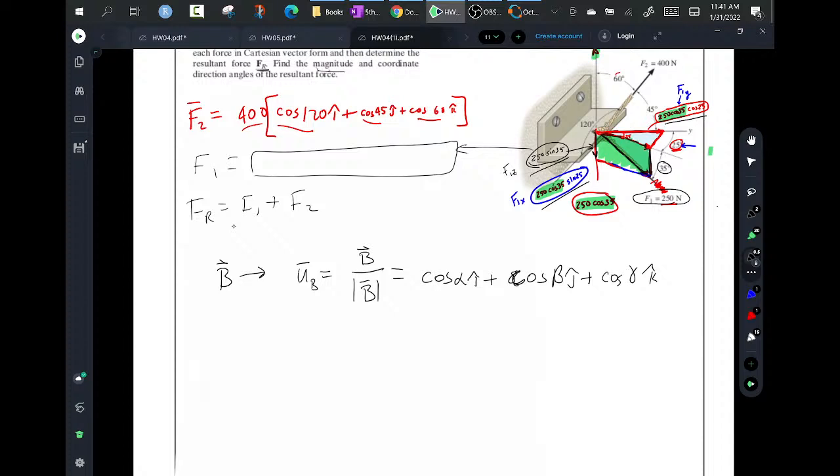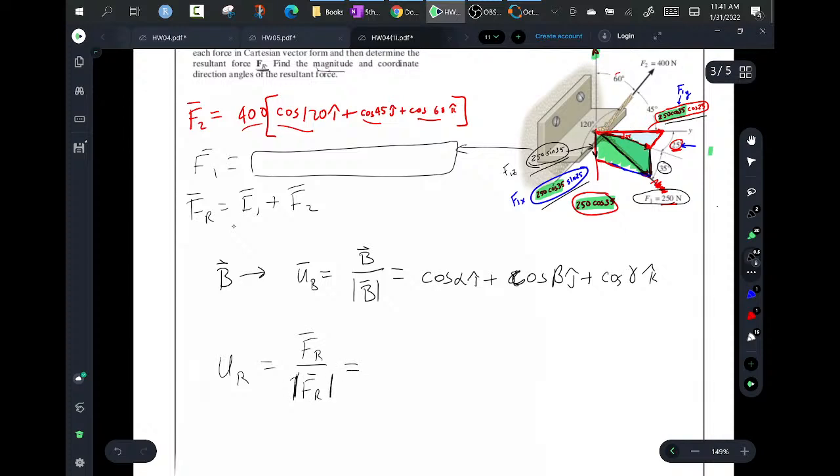Then you want to know your unit vector in the direction of the resultant, which is nothing more than cosine alpha i plus cosine beta j plus cosine gamma k.